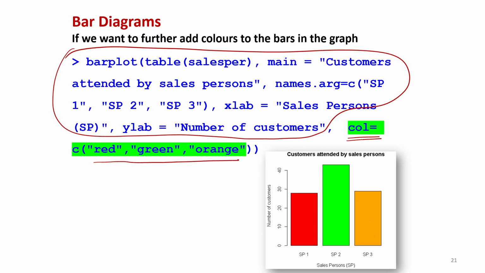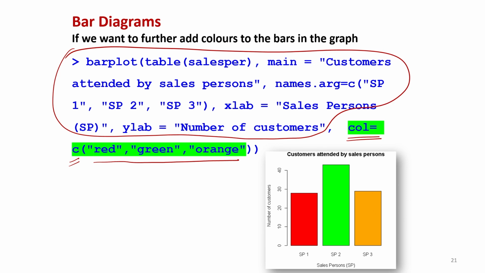So I am writing col is equal to, using the command c as a data vector, and within the parenthesis I write these colors within double quotes. And I can tell you that in the R software you can look into the help menu to find out what types of colors are possible and what are the respective commands.